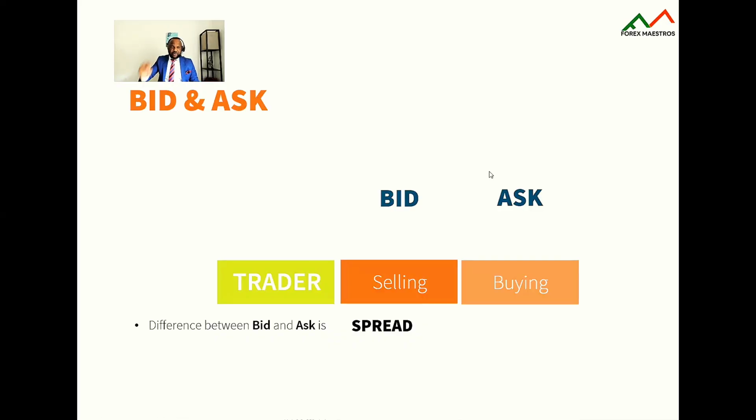Spread is the profit of the broker. I think that's the end of this terminology. So we have the bid and ask, currency codes, and all that. These are just terminologies. Just write the meaning down.